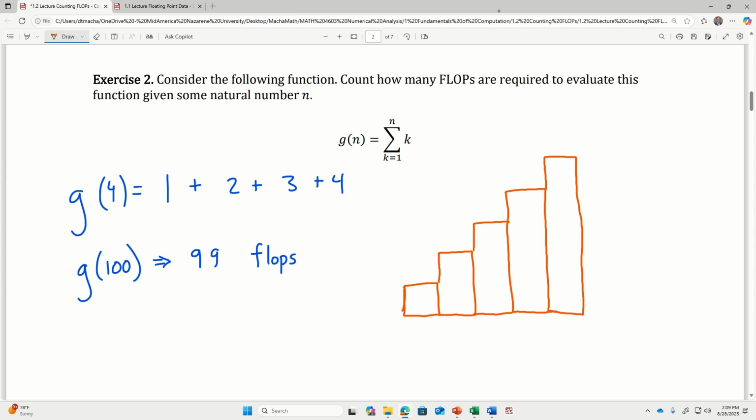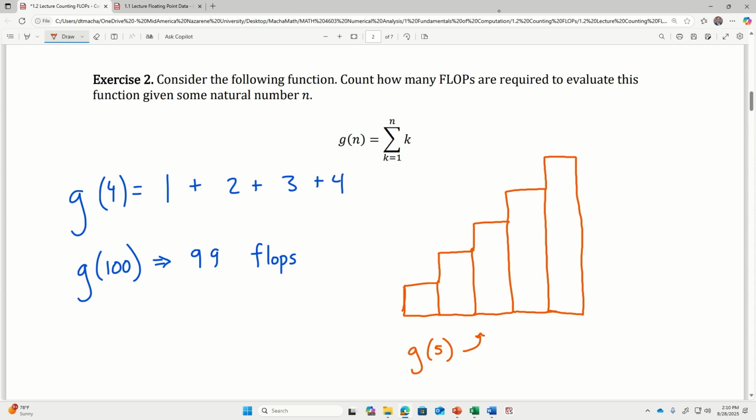The area of this enclosed orange shape is what it would look like to add 1 plus 2 plus 3 plus 4 plus 5, right? So if I was going to calculate g of 5, I could calculate 1 plus 2 plus 3 plus 4 plus 5.